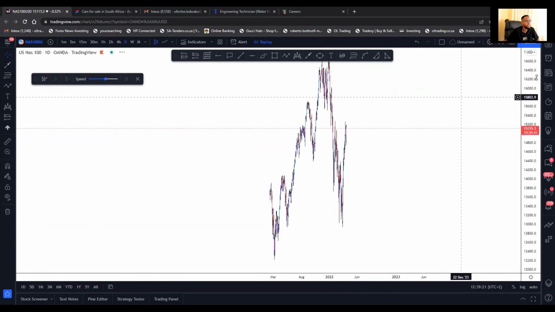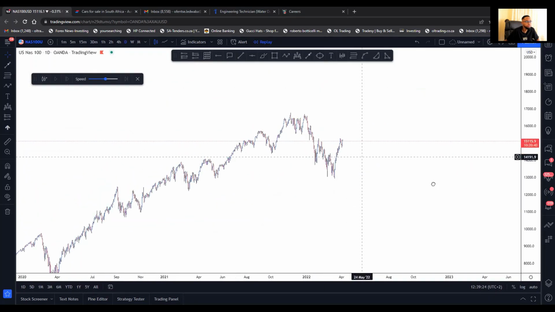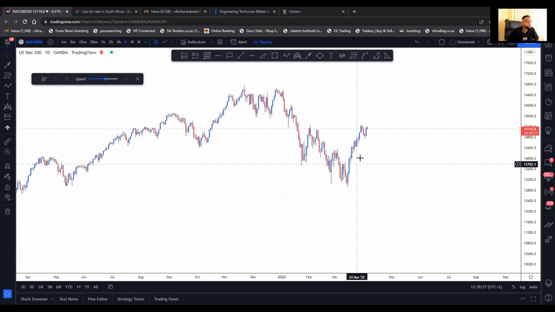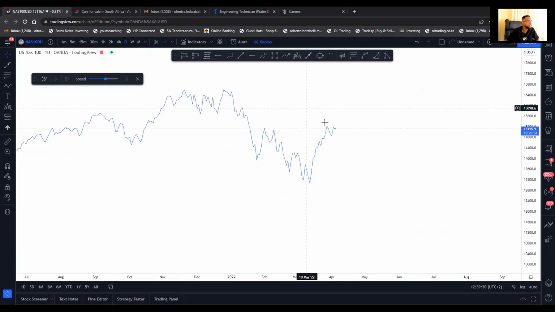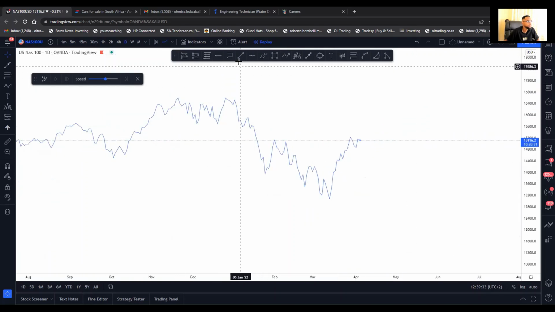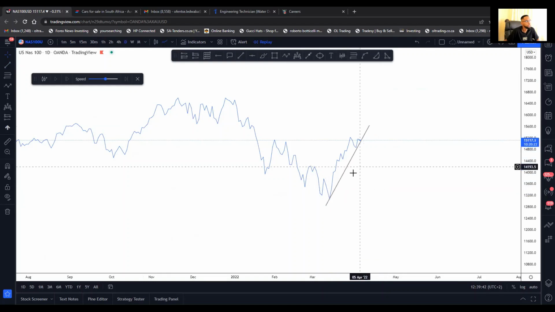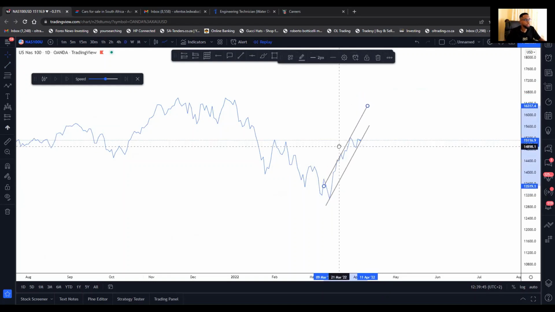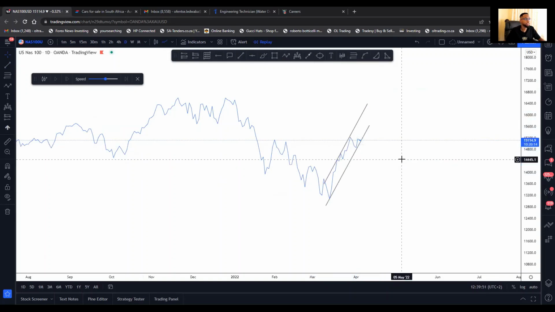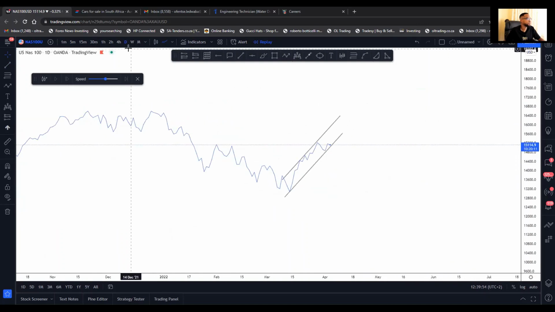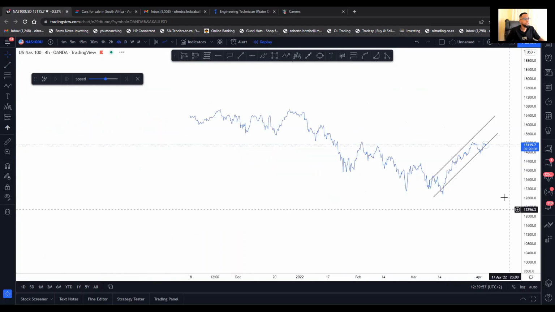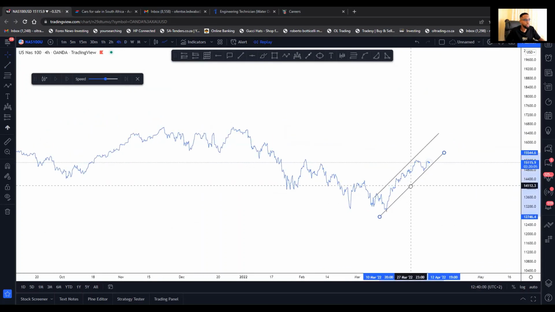I start on daily, then I'll start with the line chart. Then I will draw my trend line and parallel, identical: press Control and then drag it. And then I can go to 4 hour and adjust my lines.